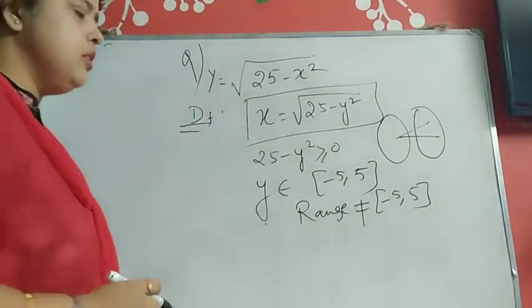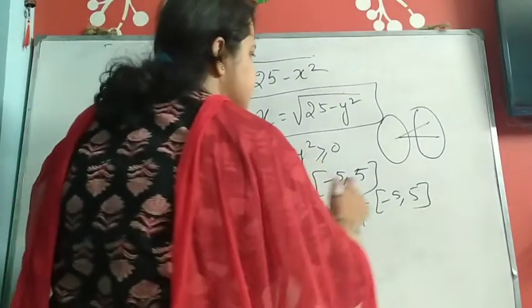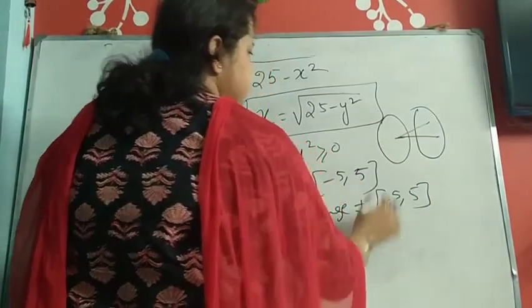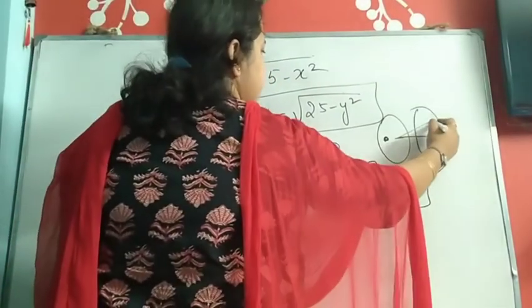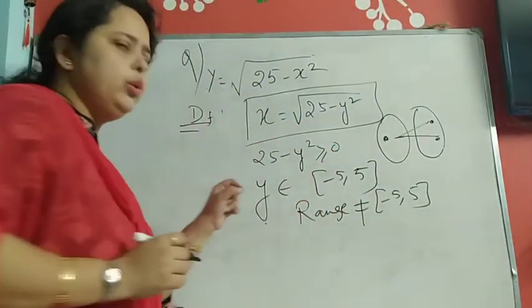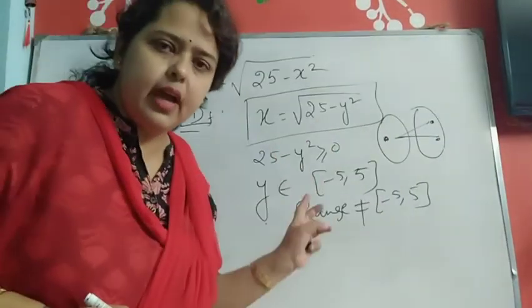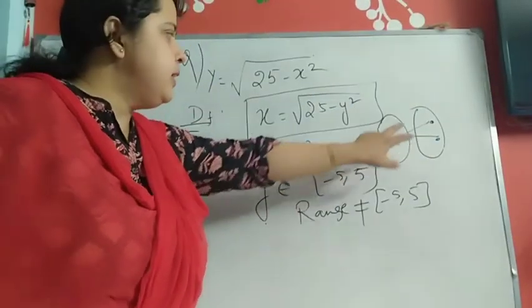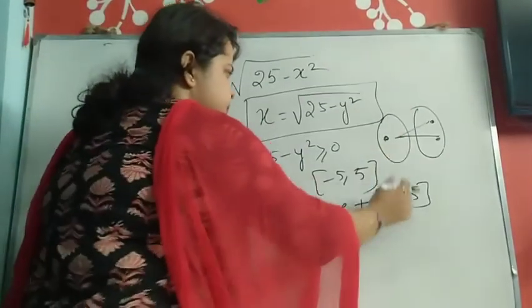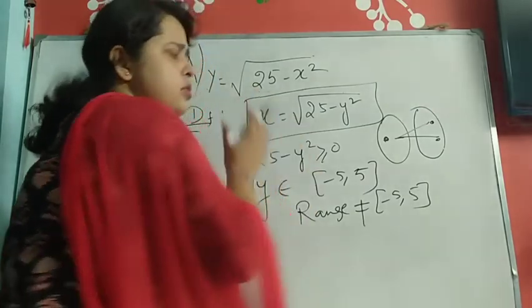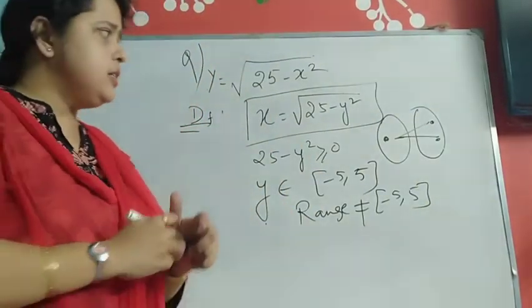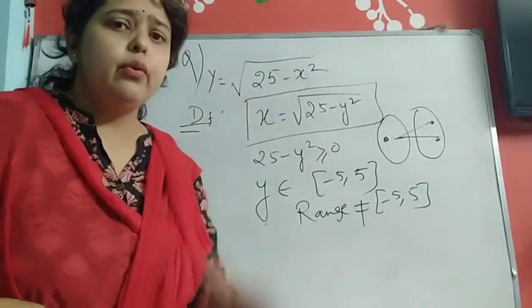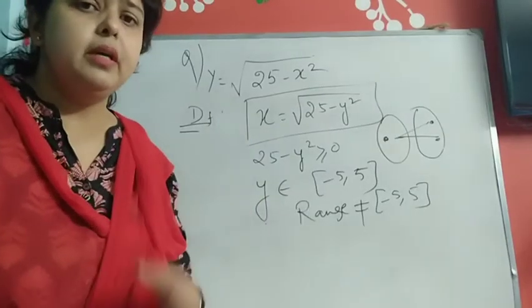So, based on the definition, we must remember here that a particular number cannot deliver 2 images. Why is this so? Because it is then not following the rule of a relation to be a function.